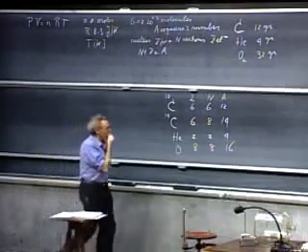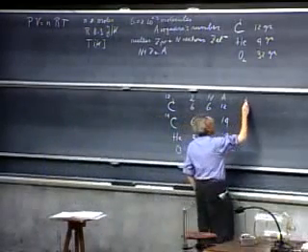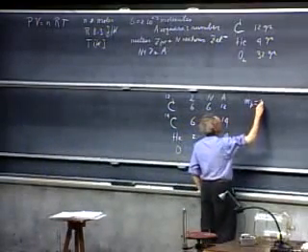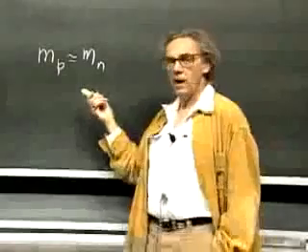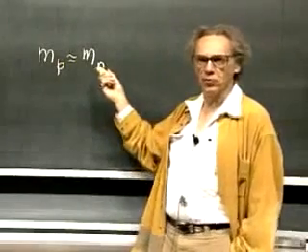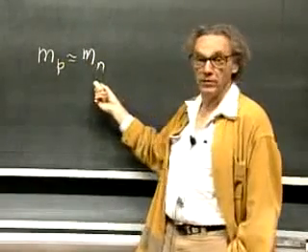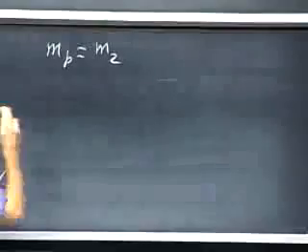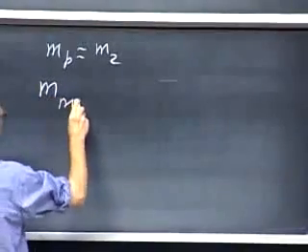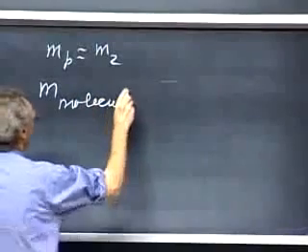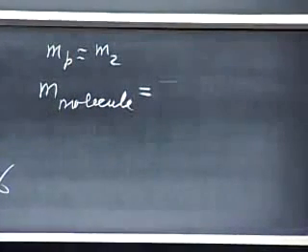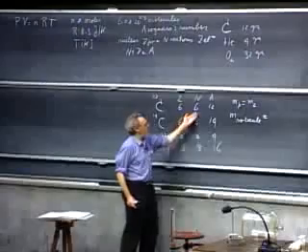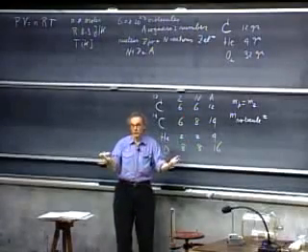The mass of the proton and the mass of the neutron are nearly equal. I wrote down m2 for the mass of the neutron. Of course, that should have been m of n. So the mass of a molecule, or an atom, whatever the case may be, would be this number A, because that's the sum of the protons and neutrons, times the mass of the neutron and the proton.